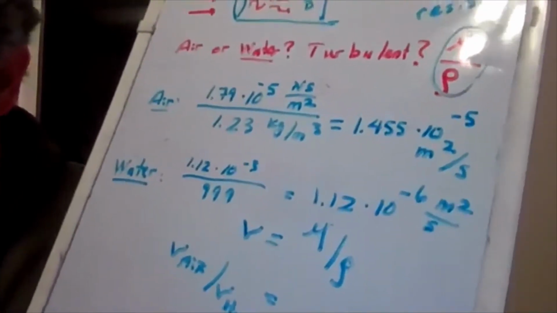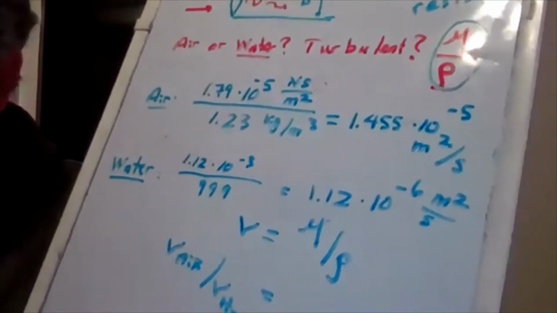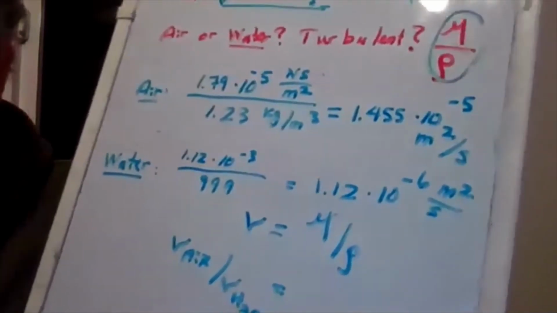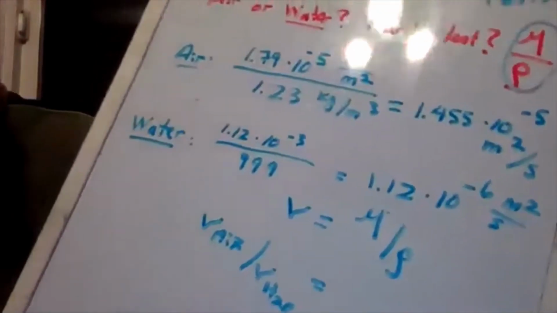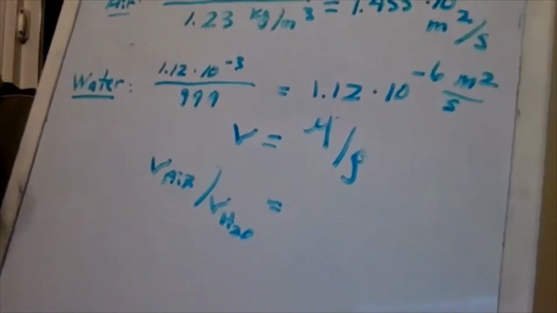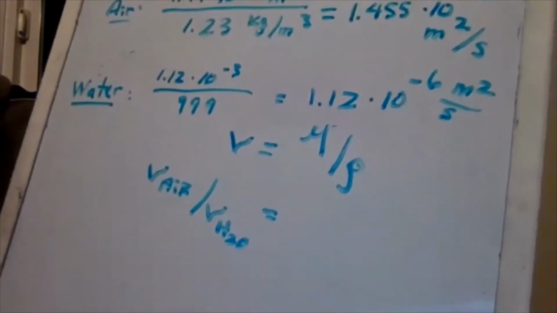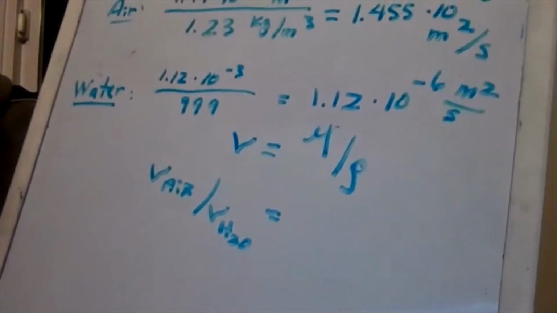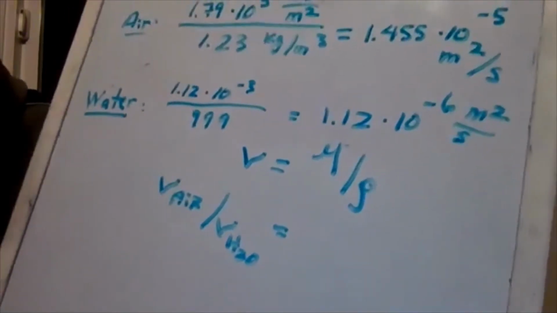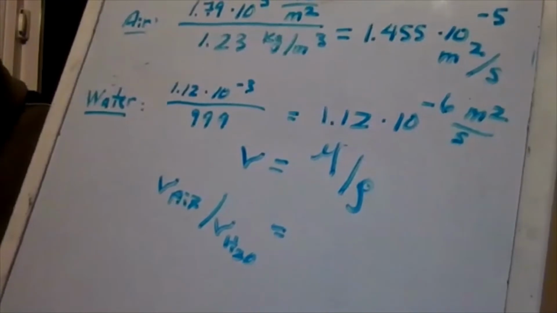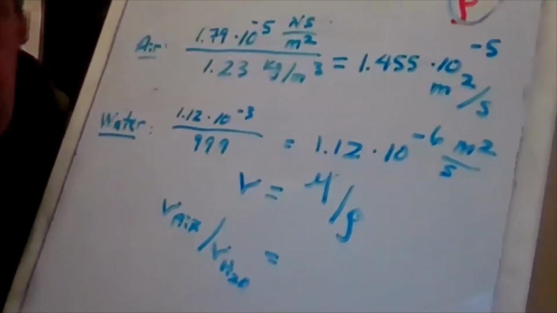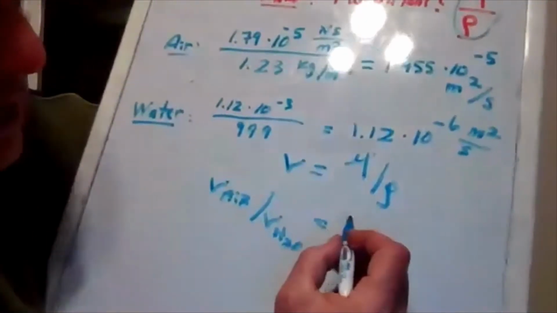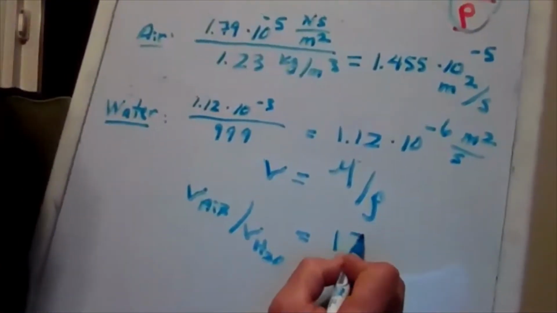Let me try it myself and see if I match up with what you guys got. 1.455 times 10 to the negative fifth, that's air, and then divide it by 1.12 times 10 to the negative sixth, and I get a very large number. Let me confirm that. Yeah, I got that ratio to be nearly 13.